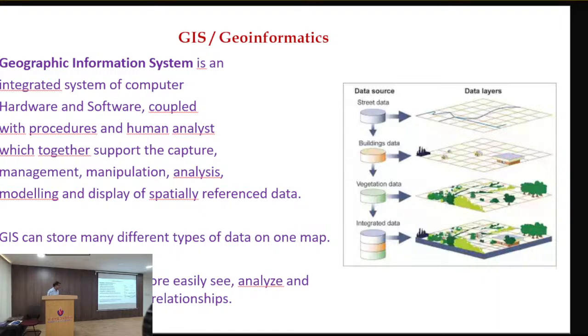GIS is nothing but an integrated computer-based system which has 5 components: hardware, software, coupled with the data. Data is nothing but spatial data, non-spatial data, and also the procedures. And the important thing is the trained manpower. So these 5 components form the basis of a GIS.